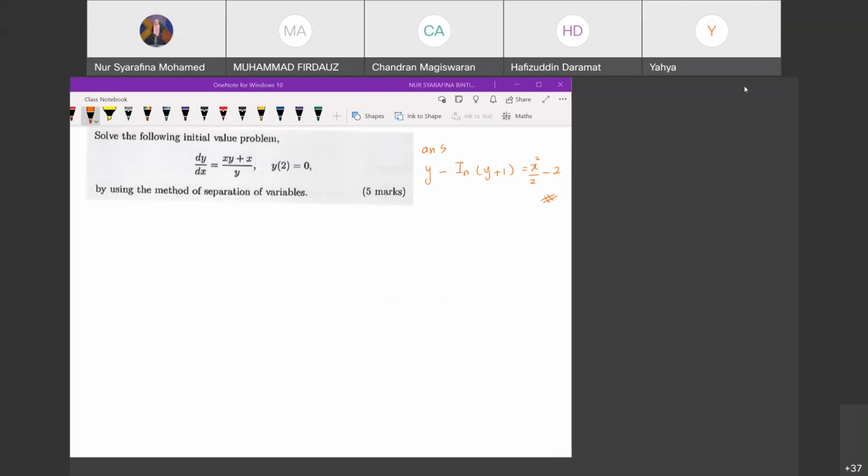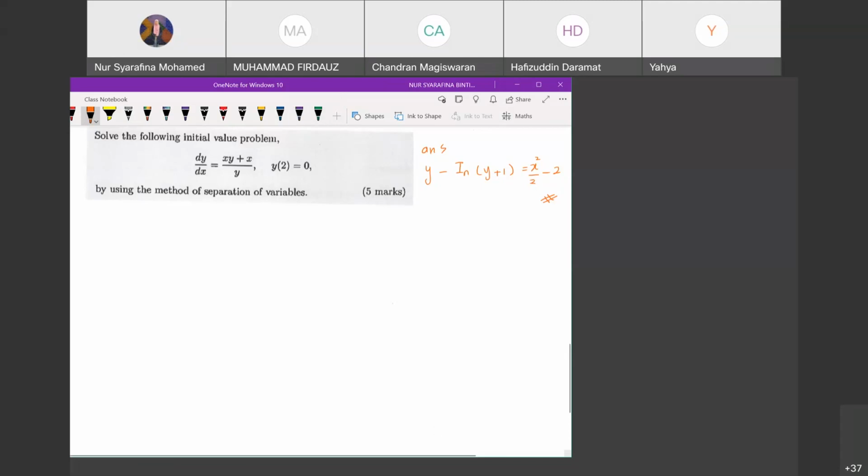All right, good job. Okay, so I believe if some of you got the answer, so maybe the rest of you will get the answer. If you have problem, you can ask your friend. All right, so that is the process on how to find the solution of differential equation for separable equation.